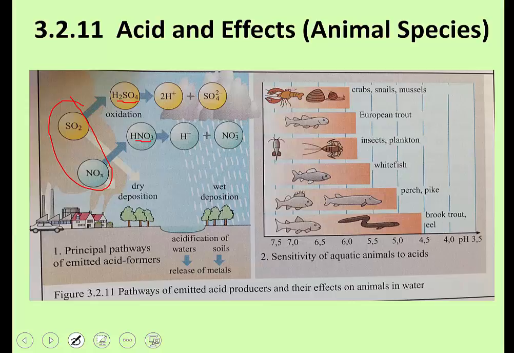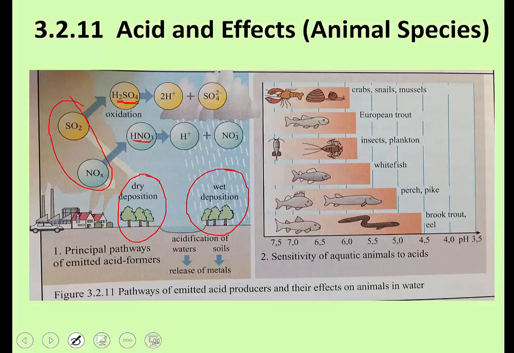So we have nitric acid and sulfuric acid. Now those break down into various components in the rain, but the problem is they can be deposited either through acid rain or even dry deposition and then later incorporated into these species.